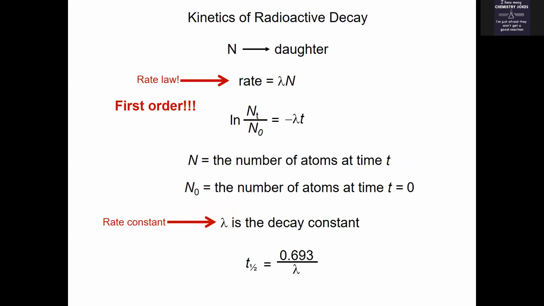It's a lambda. It gets a different symbol than we've been giving the rate constant. Rate constant is k to us. It's lambda when you're talking about nuclear reactions, but no big difference. This is the half-life equation that we have seen, but the half-life equation for what order? First order. Nuclear reactions are first order.